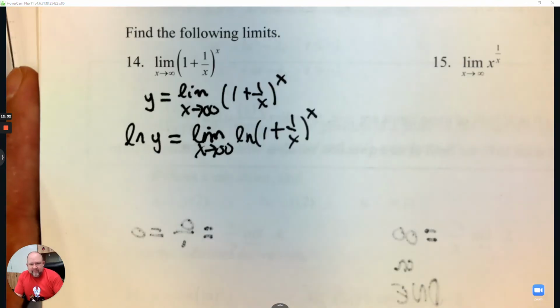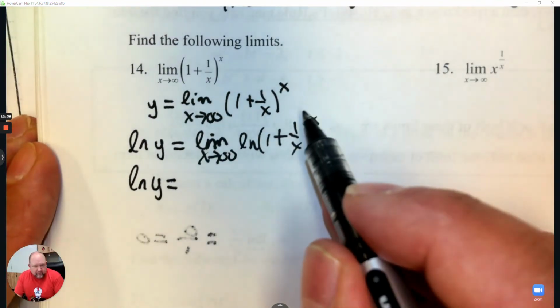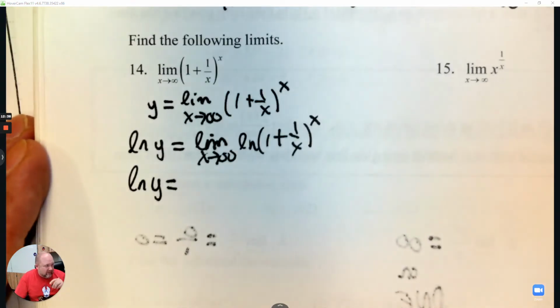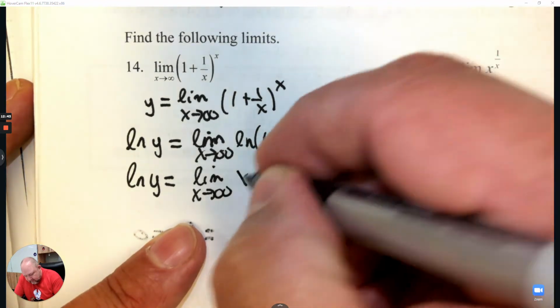Now, because of that, we can then use some logarithmic properties. So that exponent x can now go in front. The limit is always going to be the very first thing you write down.